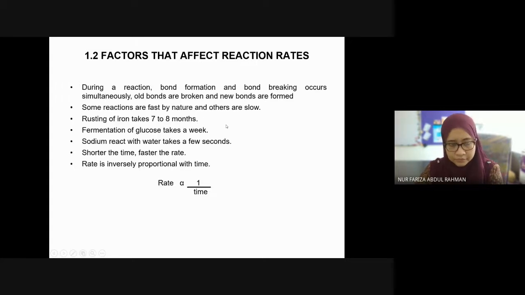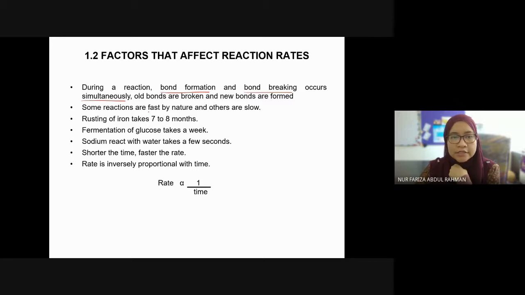Okay, so during a reaction, bonds will be formed and also bonds will be broken. So bond formation and bond breaking occur simultaneously. So the old bonds are broken and the new bonds are formed.